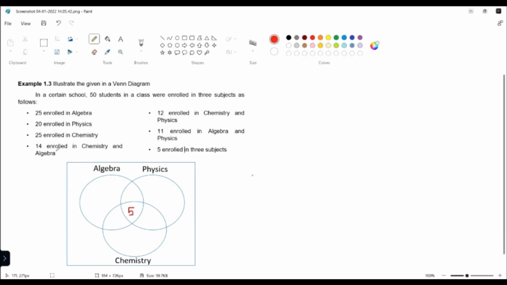Okay. Next, if this is 5, so we can now proceed with this information. If this is 5, and we know that 14 are enrolled in chemistry and algebra, how many students will I be writing here then?